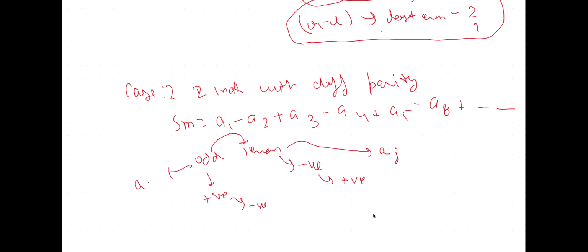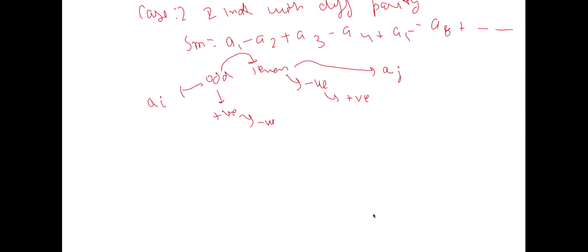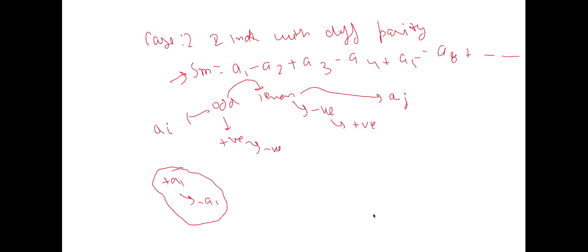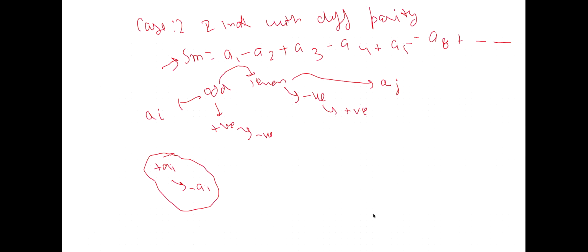Okay, so it was plus ai and it went to minus ai. So how much difference did this make to your sum? Okay, this is my one question. It will create a difference of minus 2 ai.